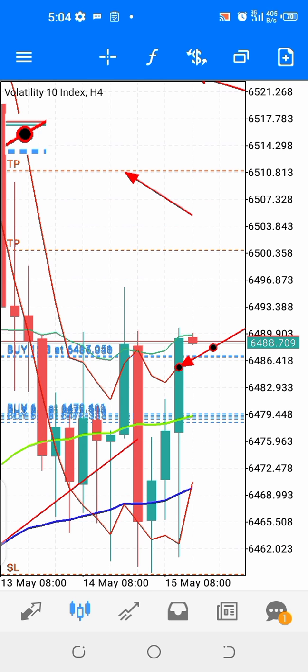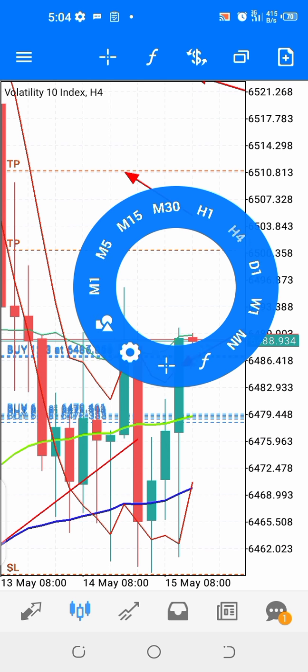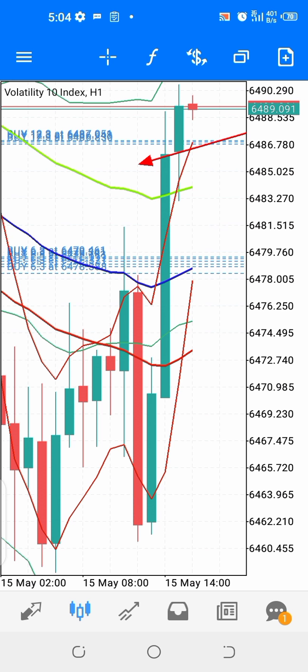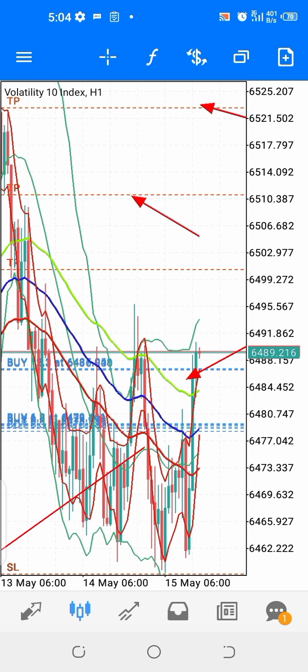Looking at the H1 time frame, I saw a very interesting build up. I saw price respecting and rejecting these bottoms. You can see where my stop loss is. I could call this a triple top, but it's better called a double top.